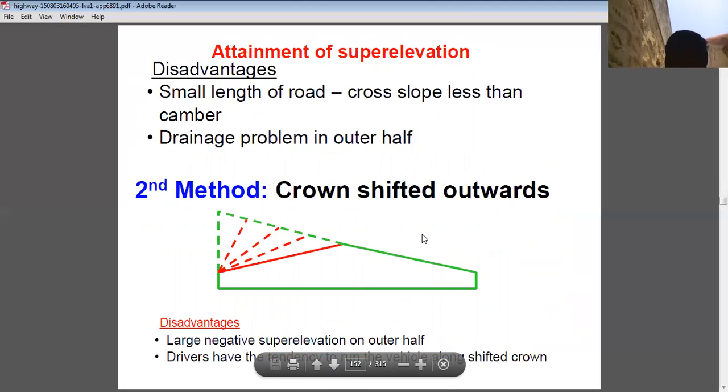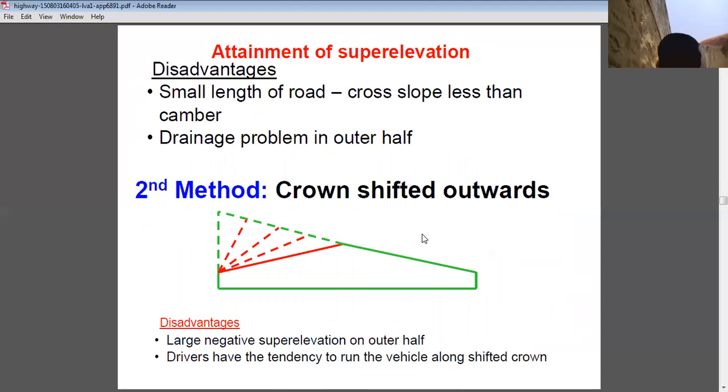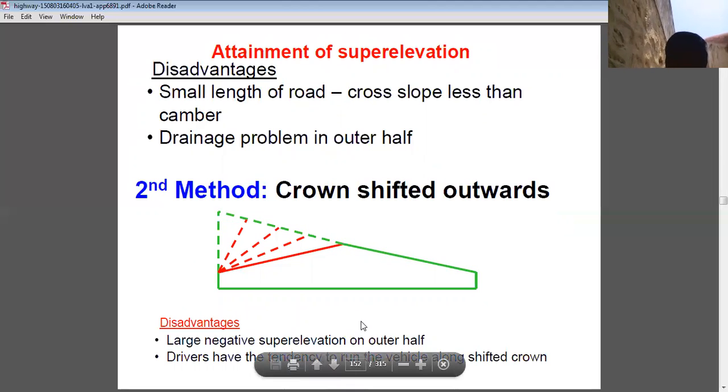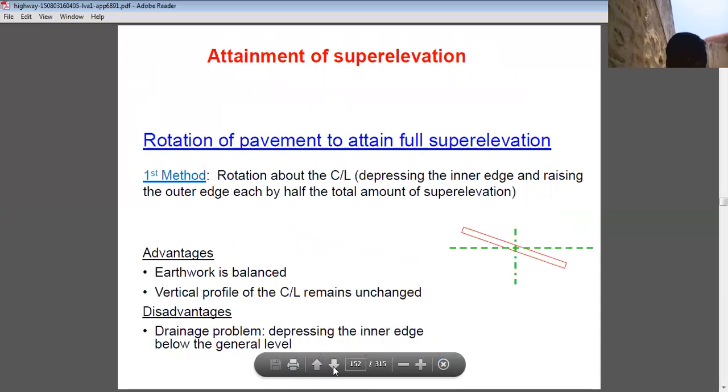The disadvantage is that on a small length of road the cross slope is less than the camber. The cross slope should not be less than the camber; it should be more than or equal to the camber, otherwise a drainage problem will occur. Second method: the crown is shifted outwards. This gives a large negative super elevation on the outer half, and drivers have a tendency to run the vehicle along the shifted crown.